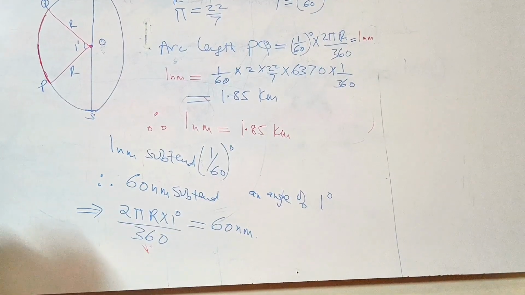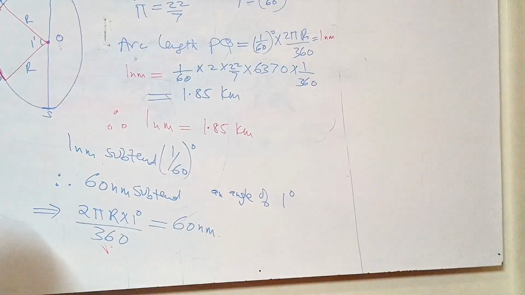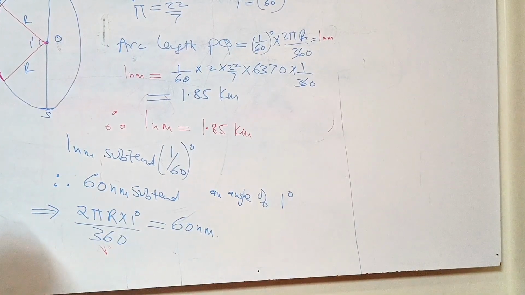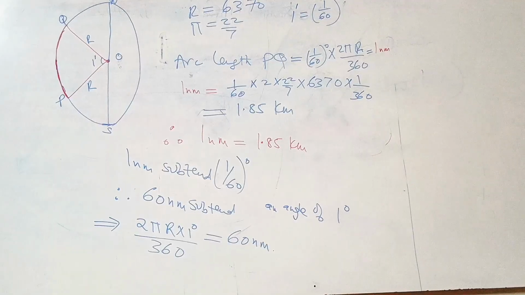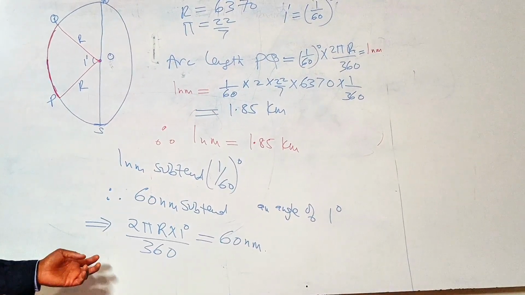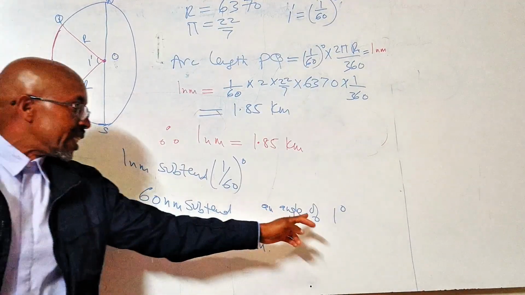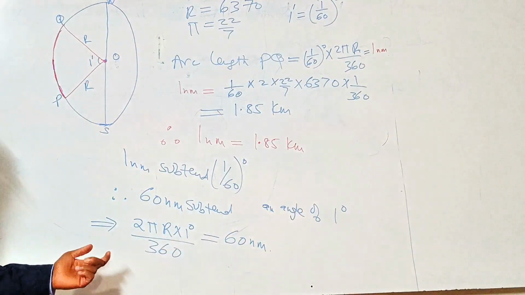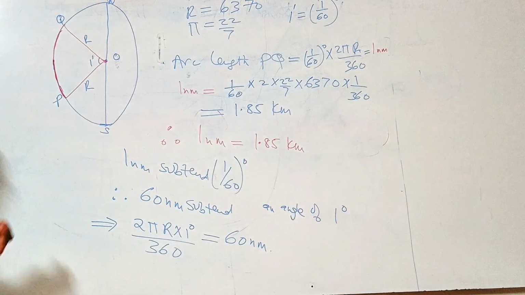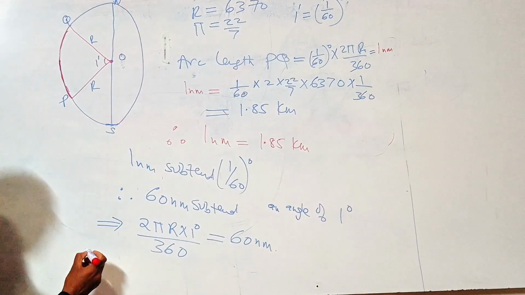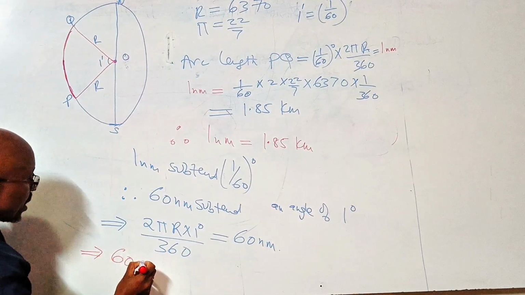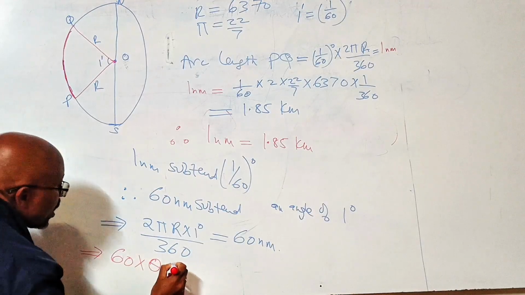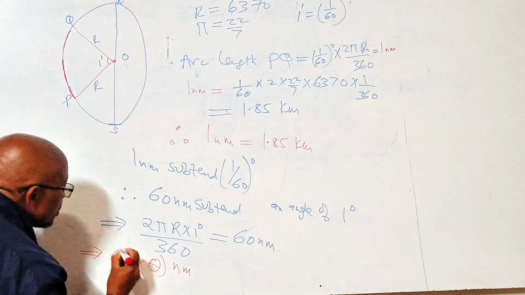A nautical mile is the standard international unit measuring distances traveled by ships and aeroplanes. In nautical miles, if the angle is not 1 degree and the angle is theta, we get the distance in nautical miles as 60 times theta nautical miles.